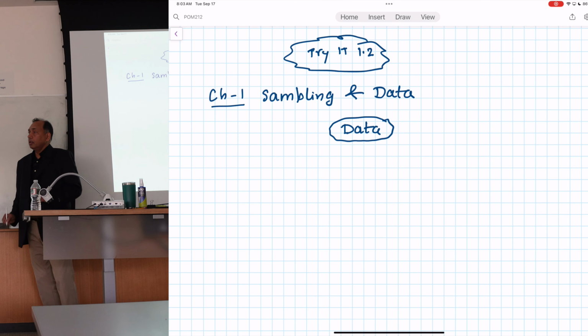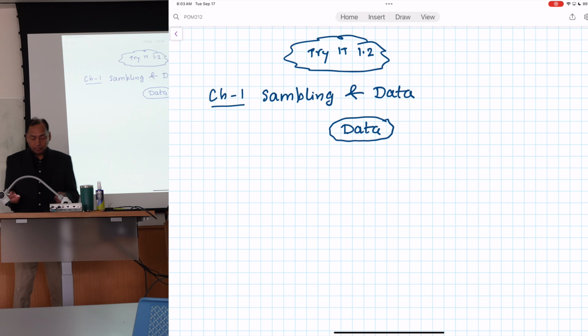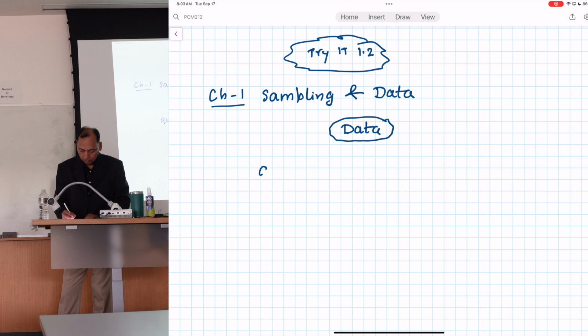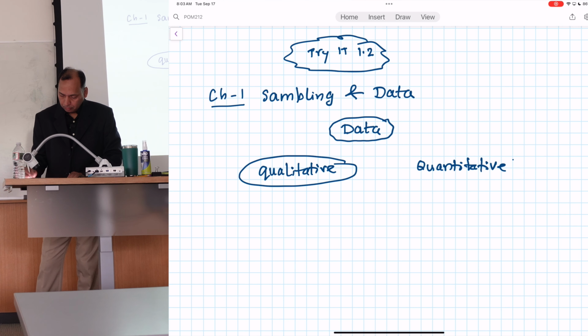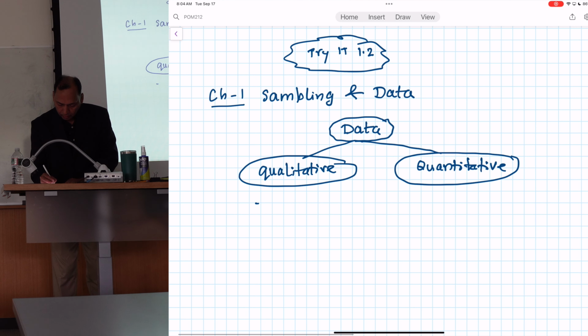So data in general can be broadly classified into two categories. One is called qualitative and the other is quantitative. Qualitative data could be something like hair color.